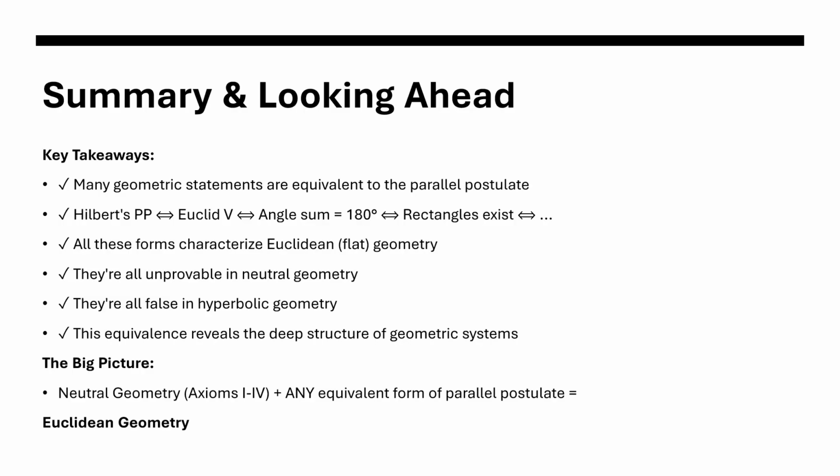This means in Euclidean geometry, you can use any of these equivalent forms freely. If you need to prove something about the angle sum, use the parallel postulate. If you are going to construct parallels, use Playfair's axiom. If you need the properties of rectangles, then use their existence. They're all available once you assume any one of them.